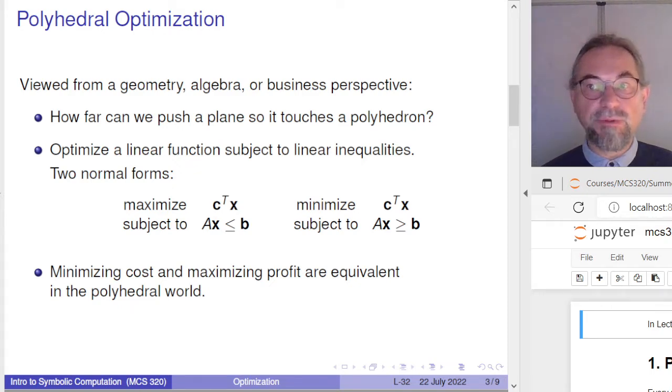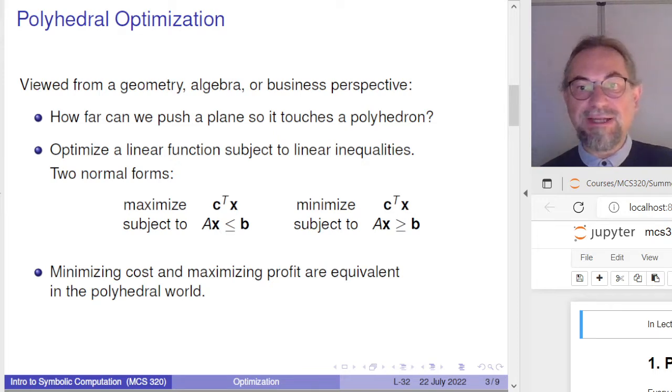In SageMath, we can compute the vertex representation and the H representation of a polyhedron. So algebraically, we work with the inequalities, and we either maximize or minimize. Observe the orientation of the inequalities.